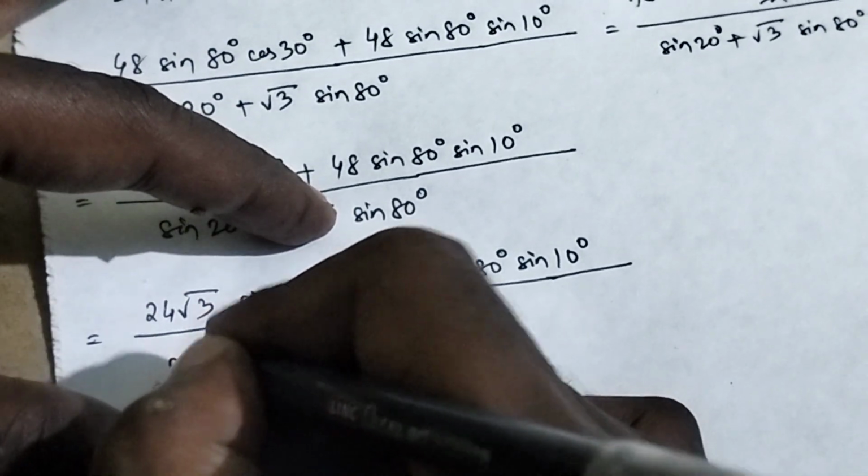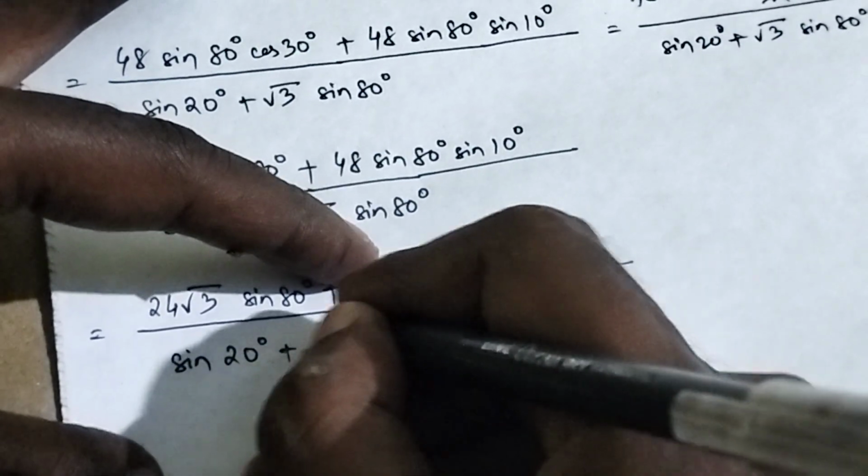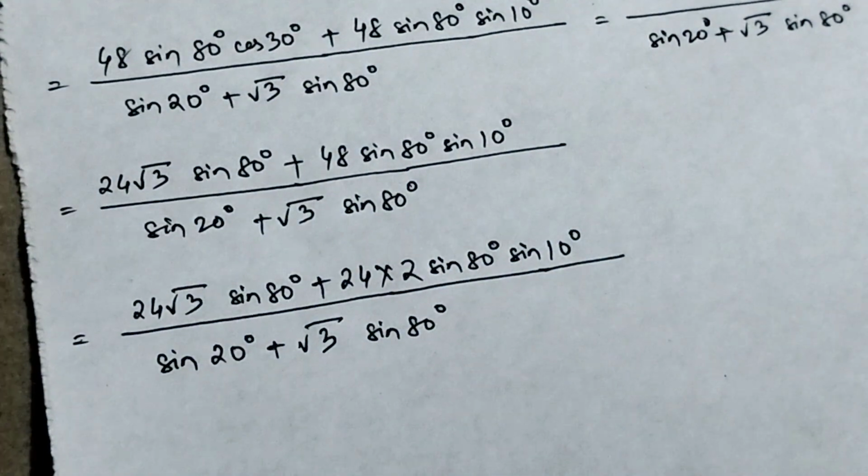In the denominator, sin 20° plus root 3 sin 80°.